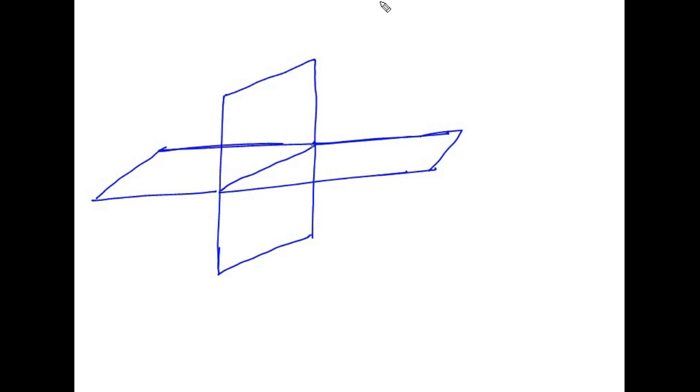Okay, these are two planes. Please remember this whole thing is horizontal plane, and this whole thing is vertical plane. Okay, so this is vertical plane, I am denoting by VP, and this is horizontal plane denoted by HP.